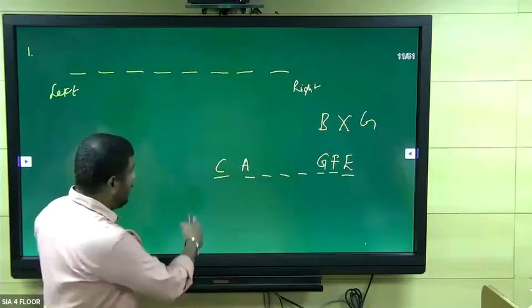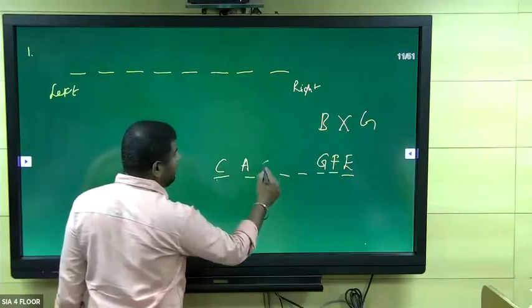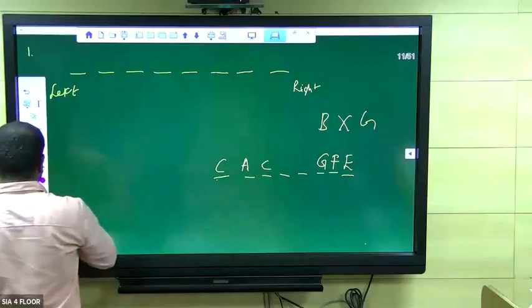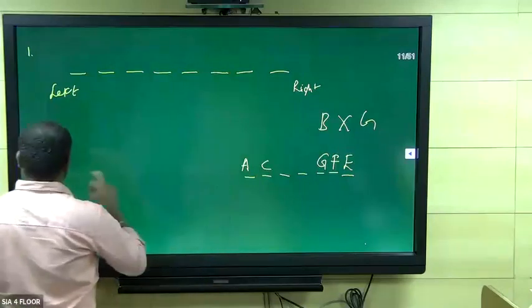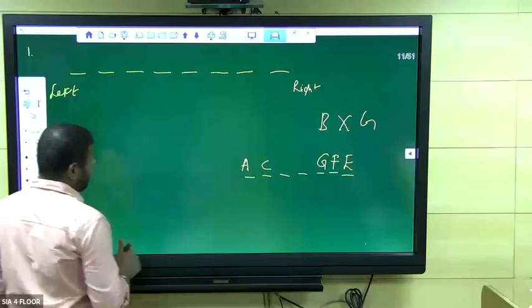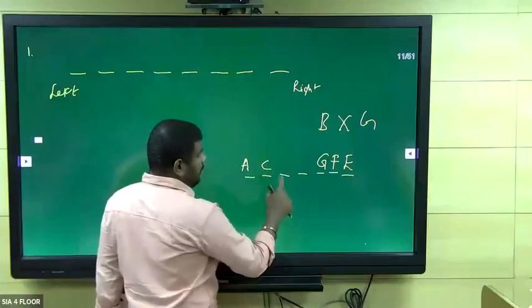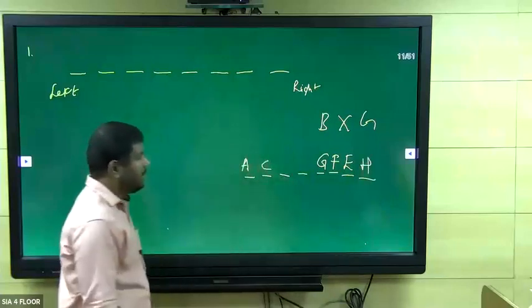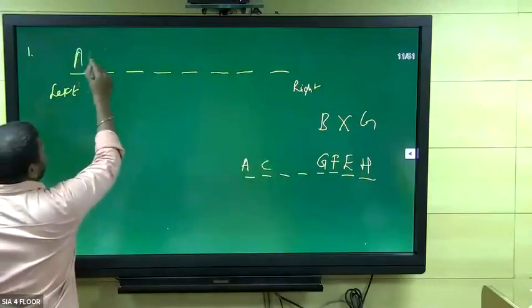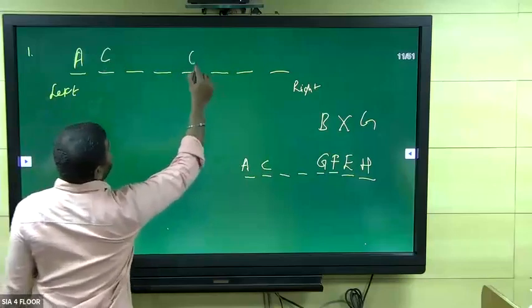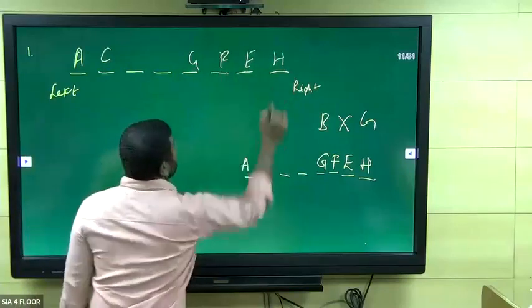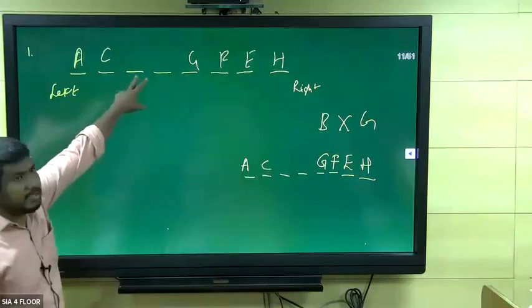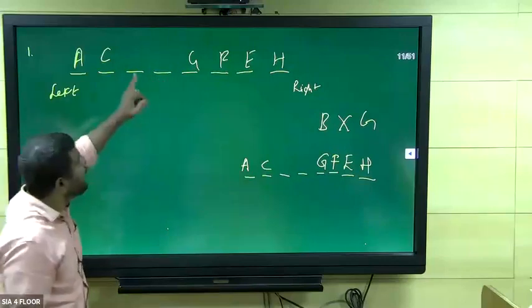So C cannot come here. So we can take C here. Now read 1, 2, 3, 4, 5, 6. That's all. Write it here. We got A, C, G, F, E, H. Now we have two left out places and two persons, B and D.